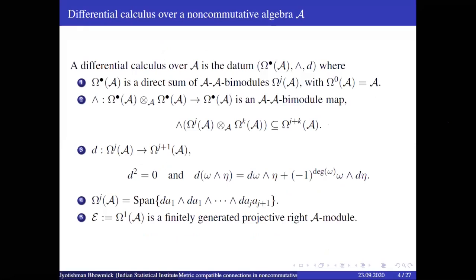I mean, if you have A to be C infinity M, then you can say that these properties will characterize the differential forms. What do you mean by that? Of course, there is a very sophisticated machinery by which one can recover smooth functions from spectral data, but I am not talking about that.